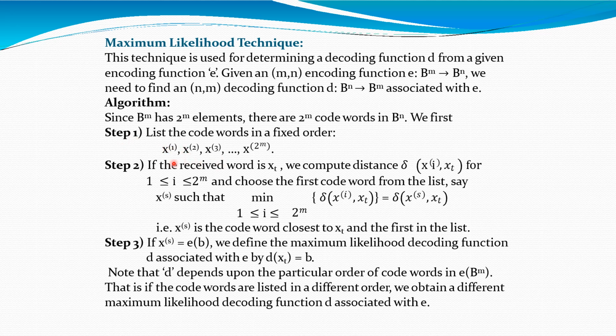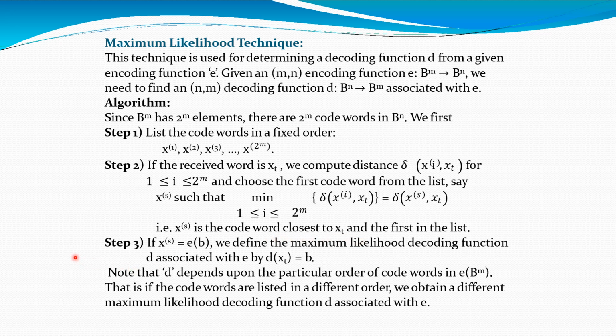So we find all these distances. Then we select the first code word from the list, say xs, such that the distance between xs and xt is minimum among all these distances. That is, xs is the code word closest to xt and first in the list.